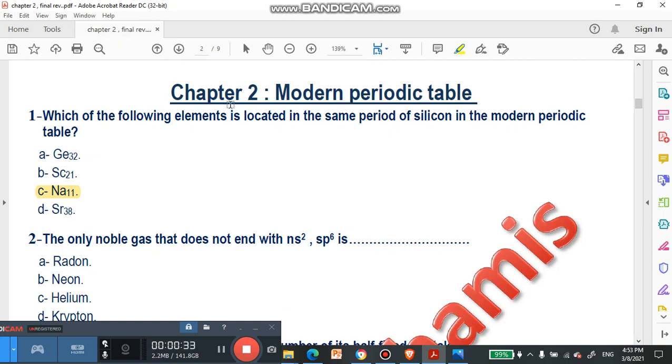Okay, let's discuss question number 1. Which of the following elements is located in the same period as silicon in the periodic table?